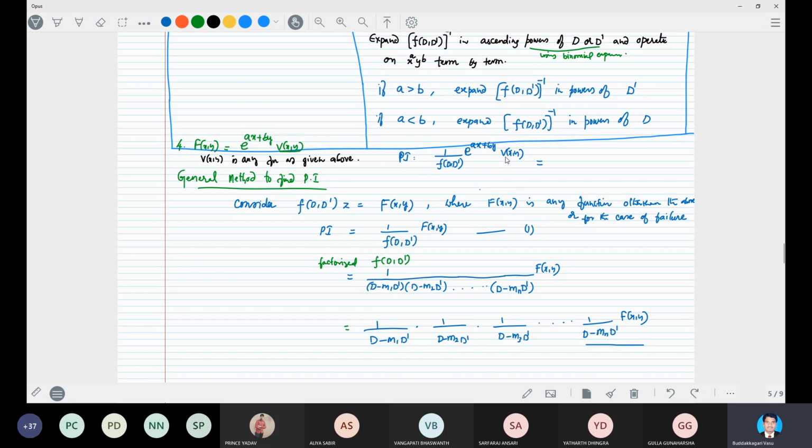So we take e power ax plus by out, due to which this f D D dash will be modified to f of D plus a comma D dash plus b into v of x comma y.